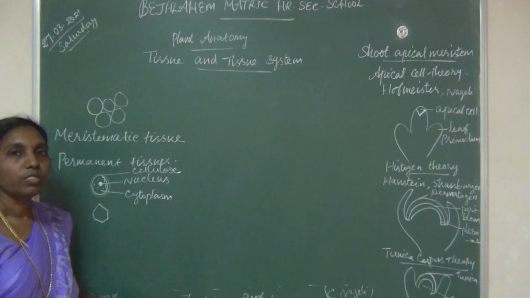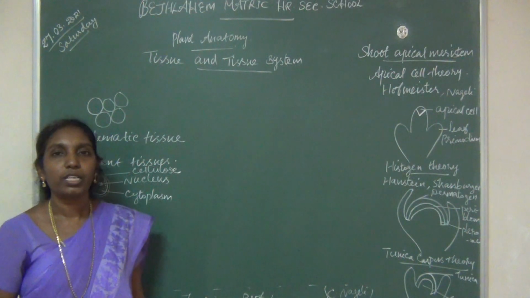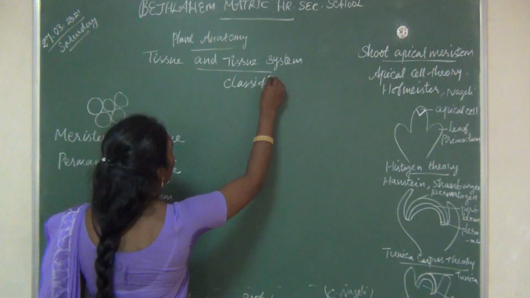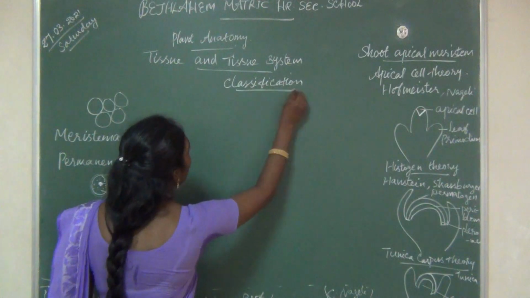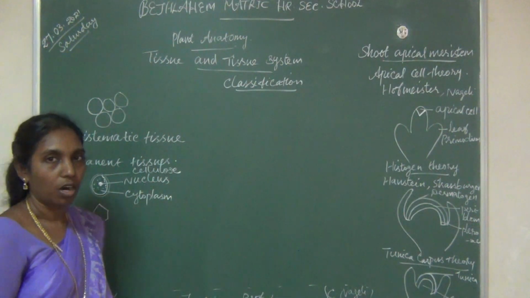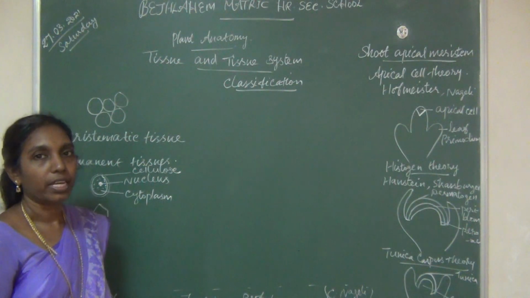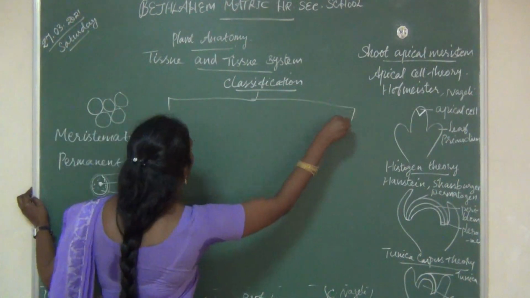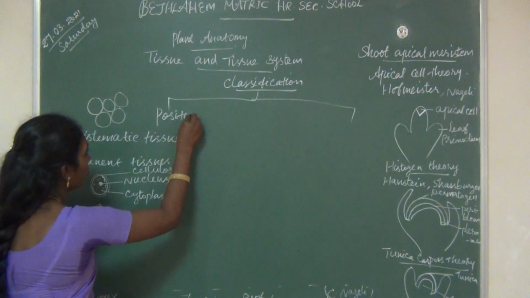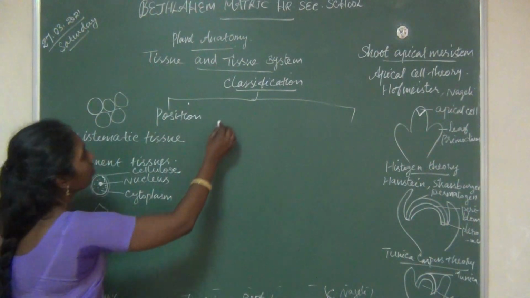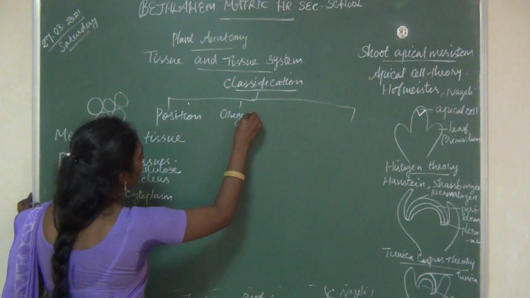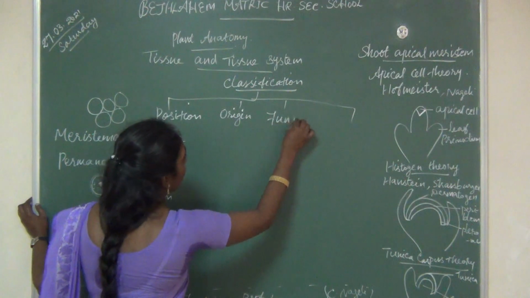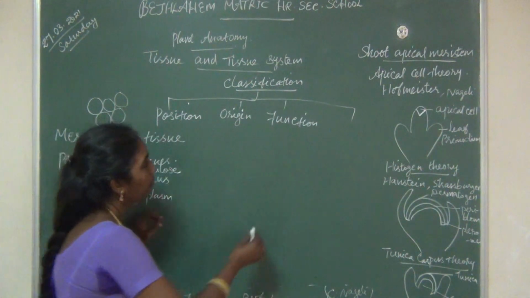Then there are different types of meristematic tissue. There is a classification of meristematic tissue, based on position, origin, function and the plane of division.